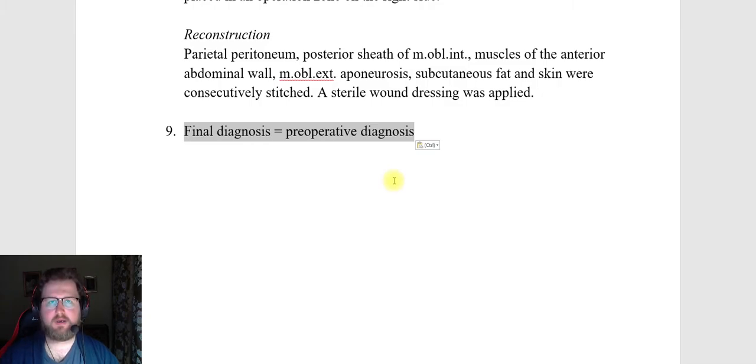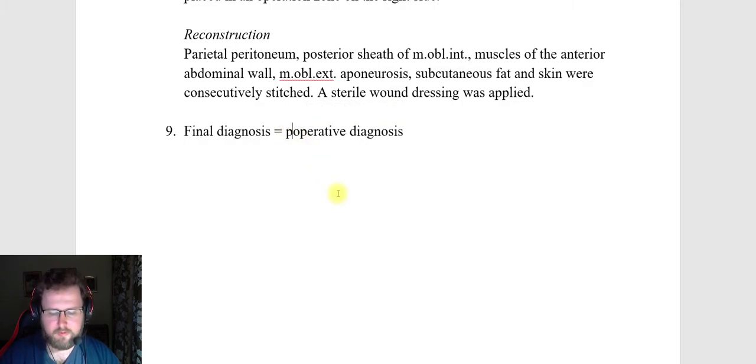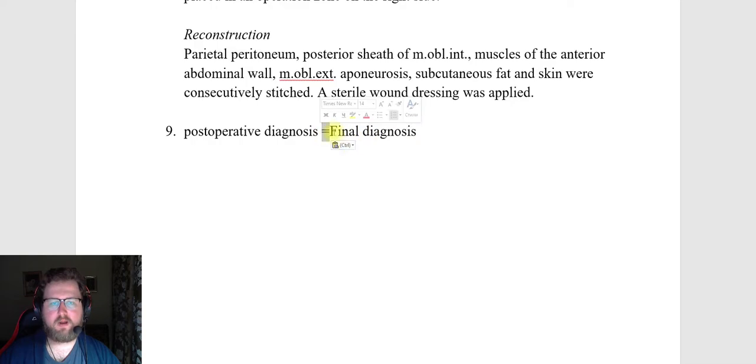We didn't find any additional pathology either in the abdominal cavity or pelvis. That's why our preoperative diagnosis turns out to be the postoperative diagnosis, and it's the same as our final diagnosis, which we've mentioned earlier. So we didn't find anything new. Our preoperative diagnosis was correct.